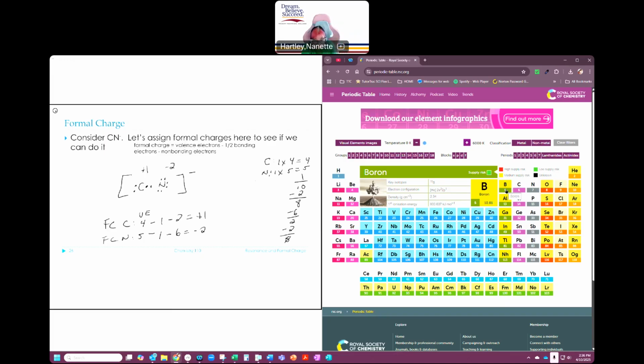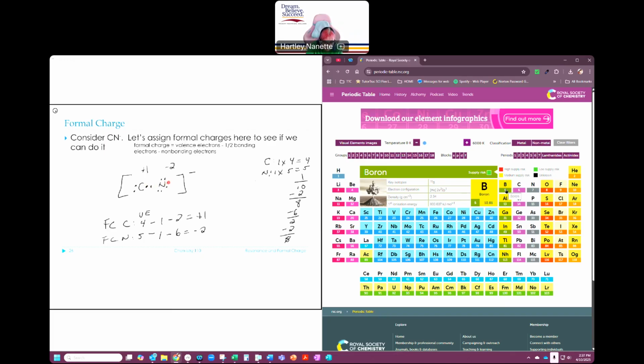Now in theory, that looks fine, but I know that's not really fine. I understand that. So I need to look at moving some of those electrons to minimize that charge. Okay, so I know I'm going to move some electrons. I'm going to start by taking one of these pairs of electrons and putting it between these guys.